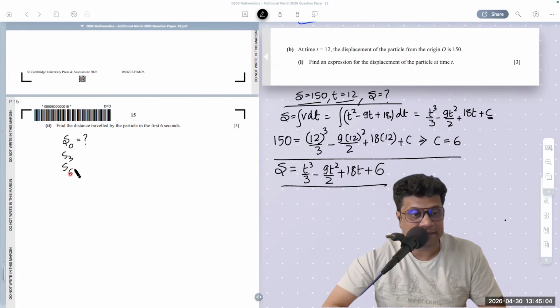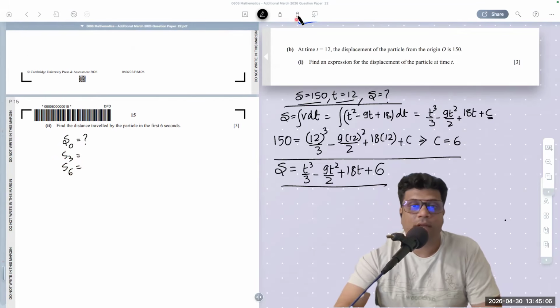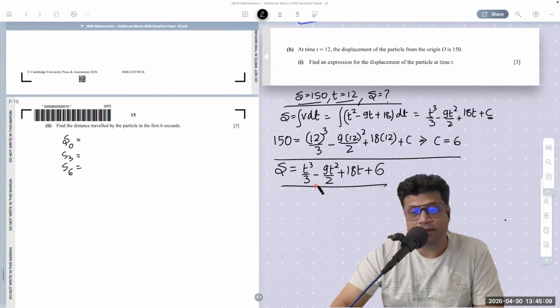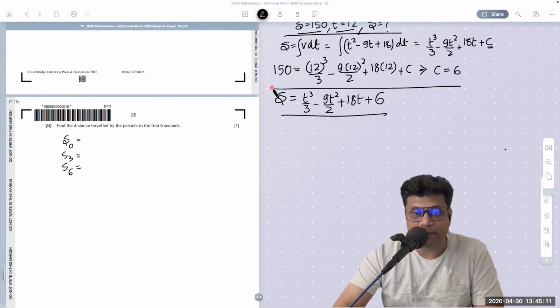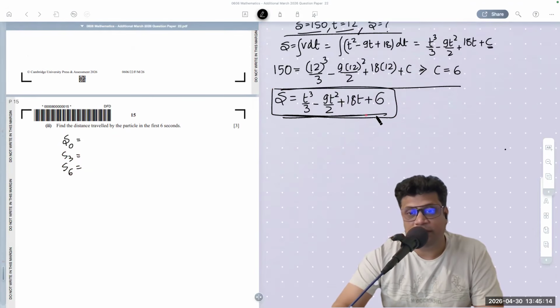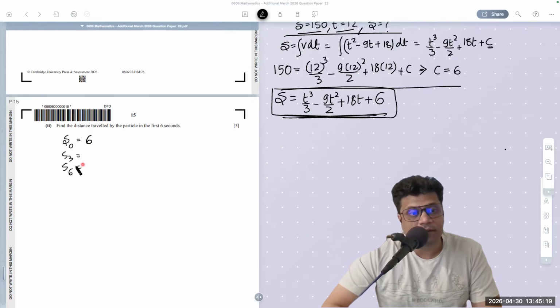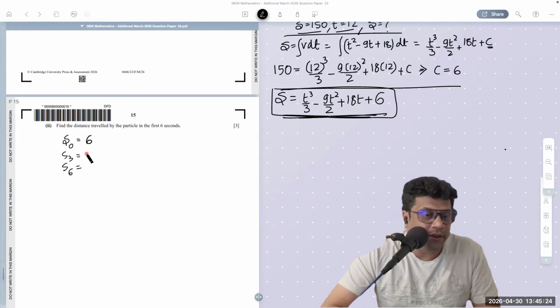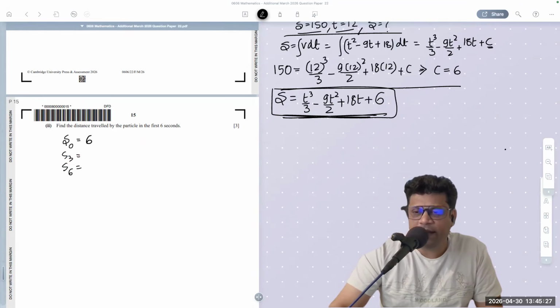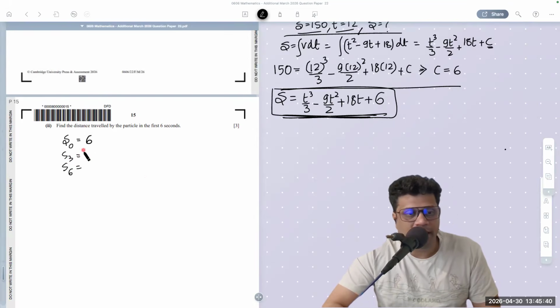So I'm going to find out the displacement at those critical points. I'm going to find out S3 and S6. All three of them. Okay. So S0, with that expression of displacement, you substitute t equal to 0, you get S0 as 6. Substitute t equal to 3, you end up with 28.5, I remember. 28.5.